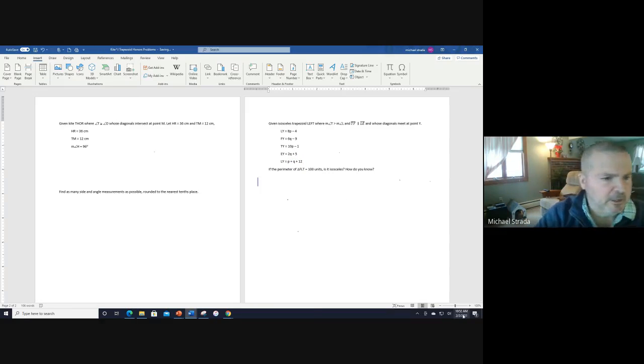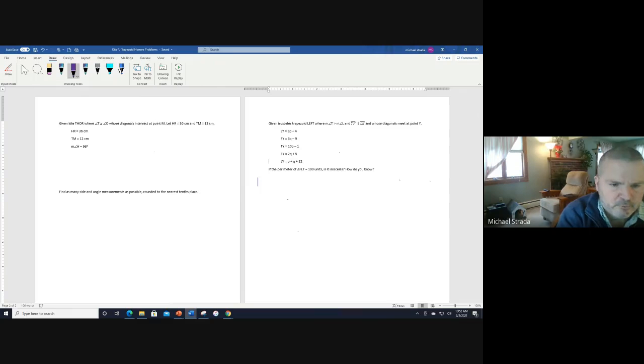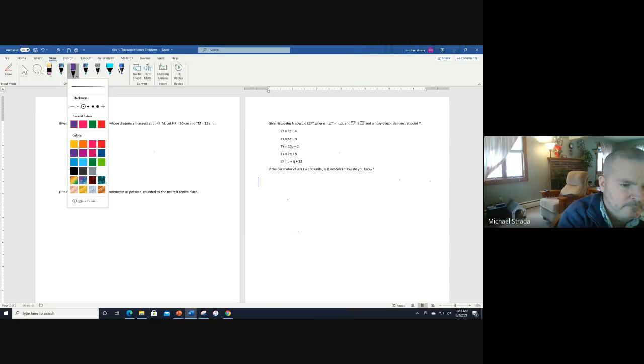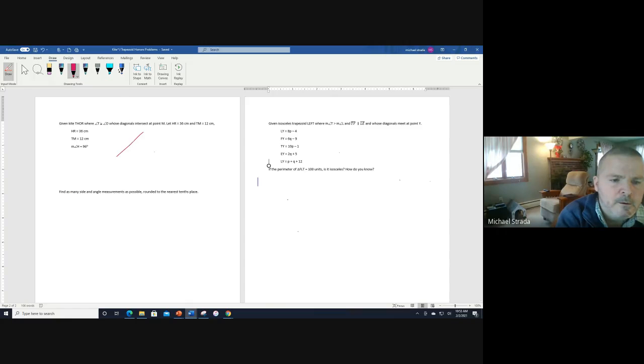So we'll start with the kite. Kite THOR, where the angle T is congruent to angle O, whose diagonals intersect at point M. Let HR equal 36, TM equal 12, and the measure of angle H equal 96. So I draw my kite with my congruent sides.